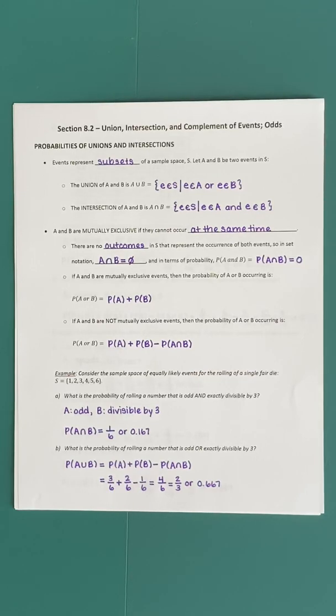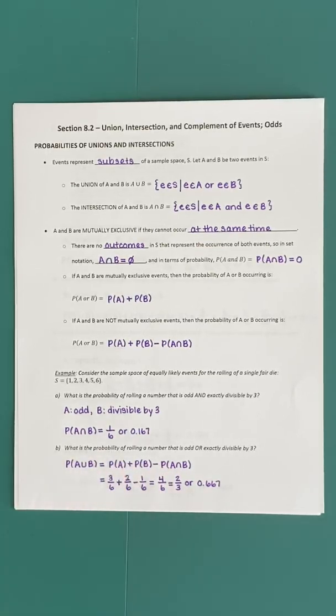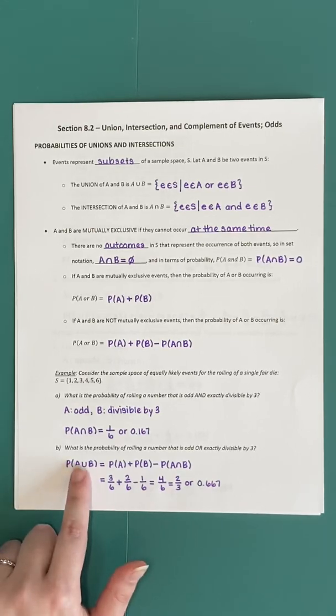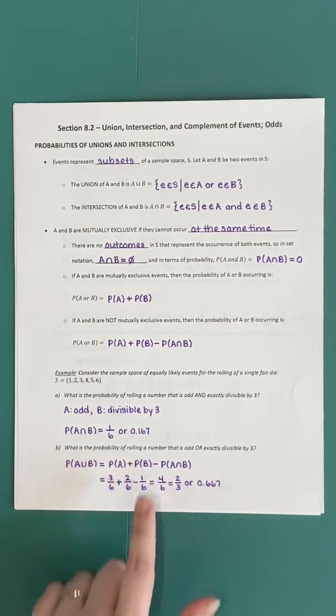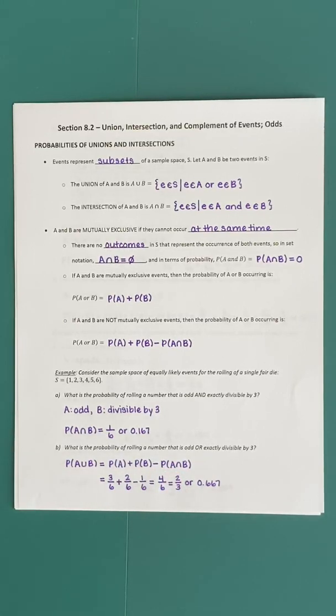Because they were double counted, we have to subtract that intersecting probability in order to balance out this sum and avoid double counting. So the probability of one event or the other is the sum of the individual probabilities minus that particular probability for whatever outcomes resulted from the intersection of our two events.